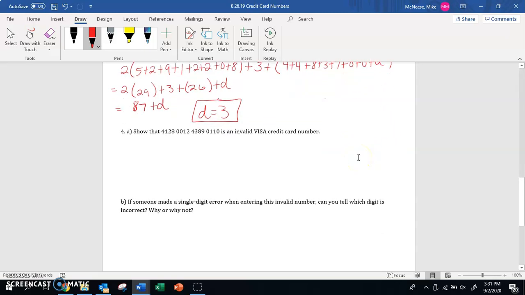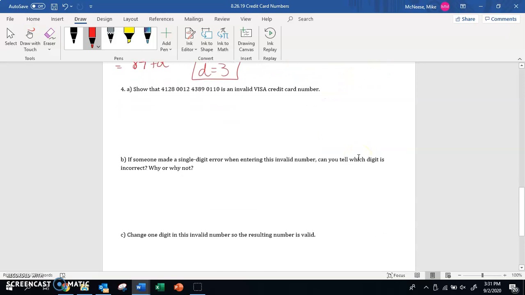And then part 4A, show that that number is an invalid Visa credit card number. So again, I'm going to do the same process, 2 times my odd values.